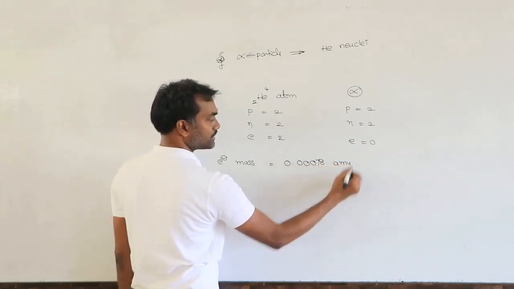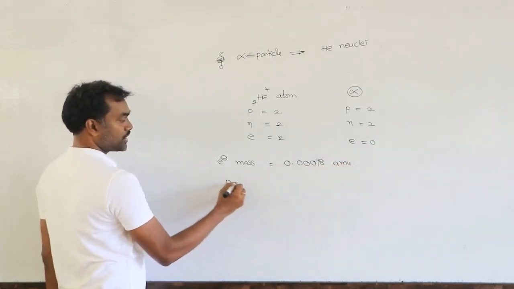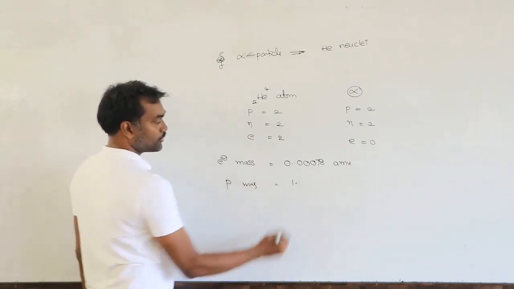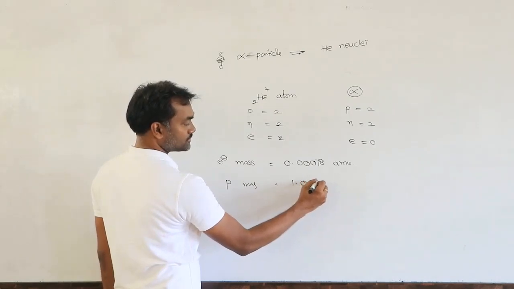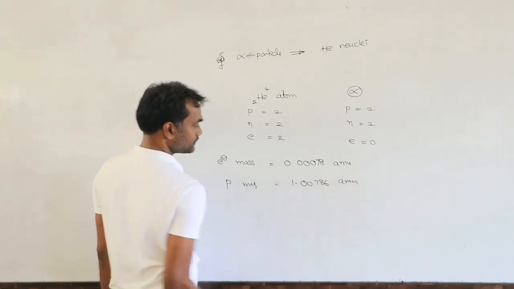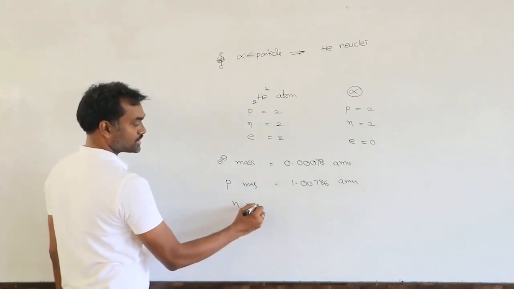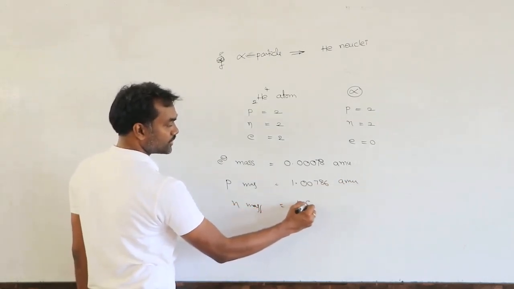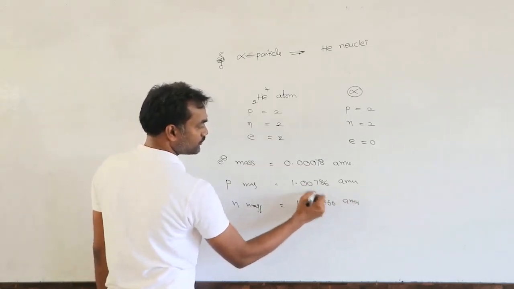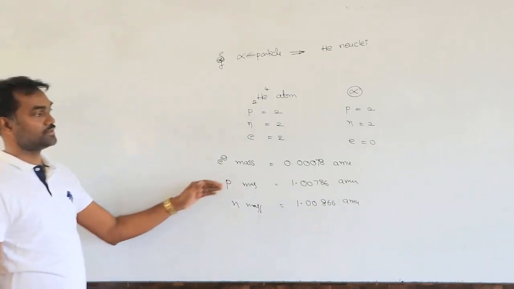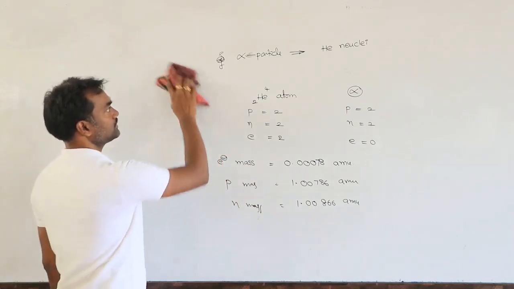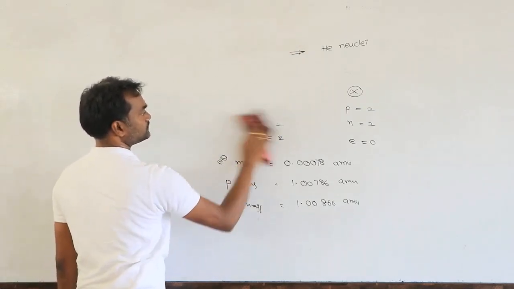Next, if you take the proton mass, it is 1.00 AMU. Next, the neutron mass in atomic mass units is 1.00866 AMU, so it is very close. These are some important values of the fundamental particles.